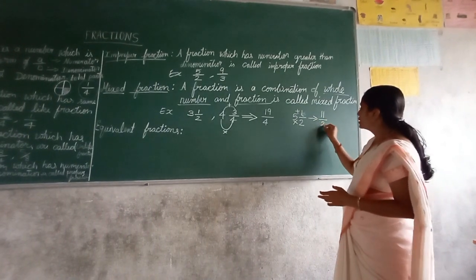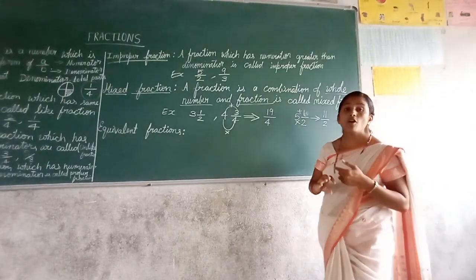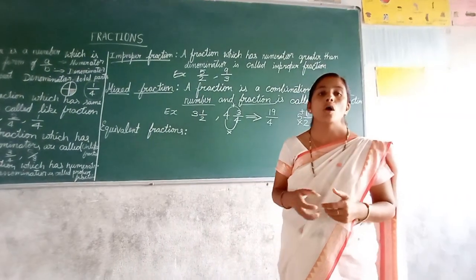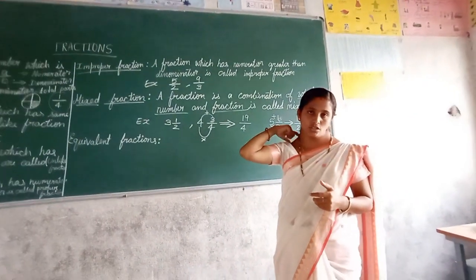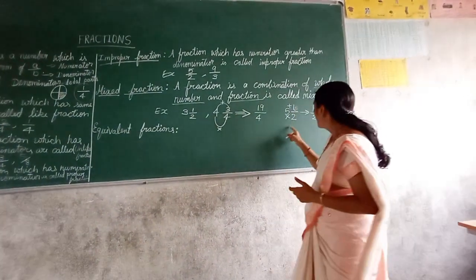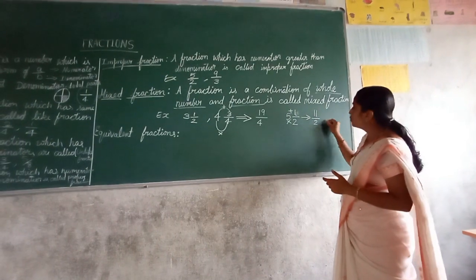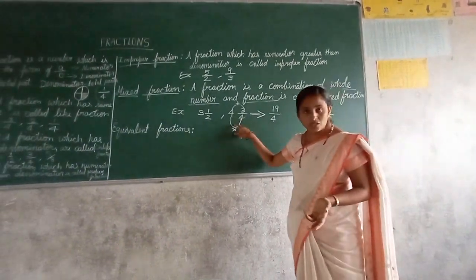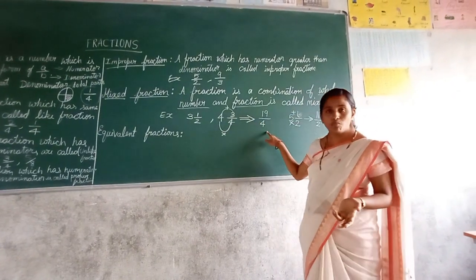The denominator is the same. This is the method of how to convert a mixed fraction to an improper fraction. Then another thing is that the same thing I can convert into a mixed fraction also.